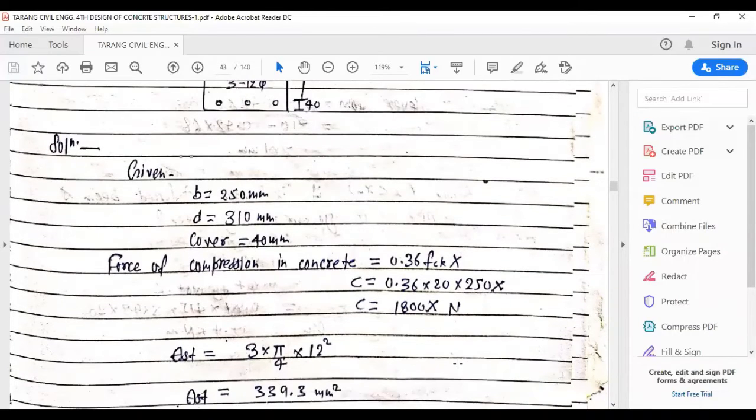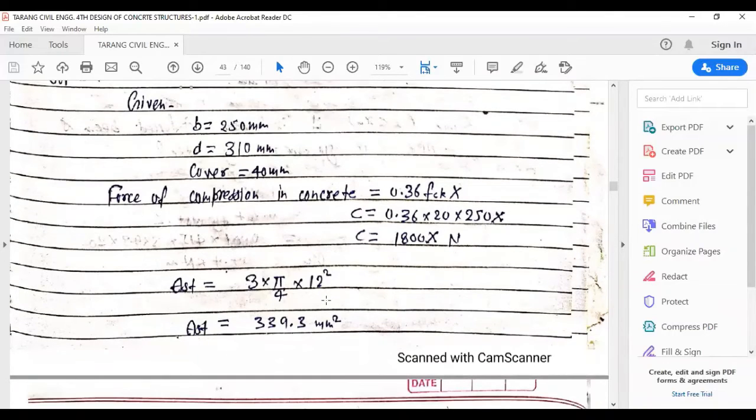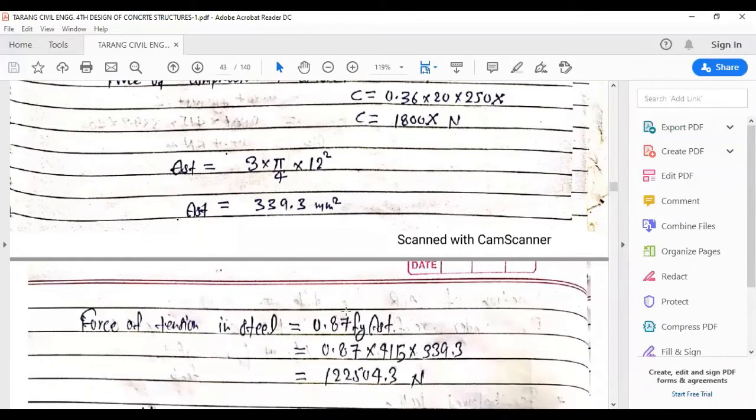Now coming to the area of steel, which is given as 3 into pi by 4 into d square. So it comes out to be 339.3 mm square. Next is force of tension in steel. So again, we are aware of this formula, which is given by 0.87 fy Ast.